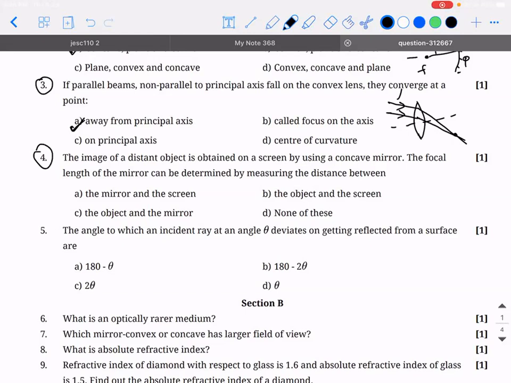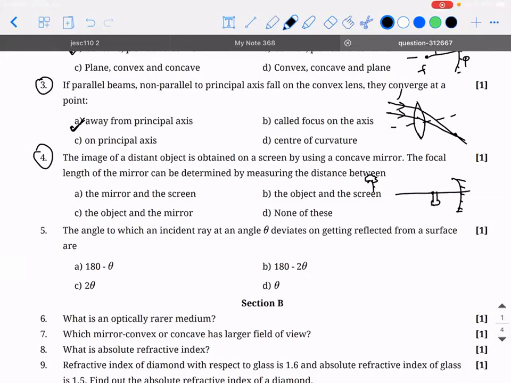The image of a distant object is obtained on a screen by using a concave mirror. The focal length of a mirror can be determined by measuring the distance between... So a distant object is made to fall on a concave mirror. Let's say you're doing this experiment in your lab, and there is a tree outside, and this tree is made to fall on this mirror, and you're able to find the image of the tree over here.